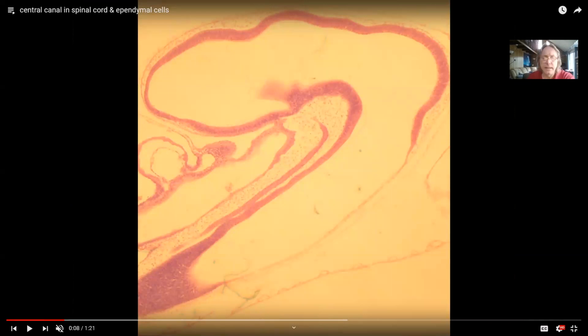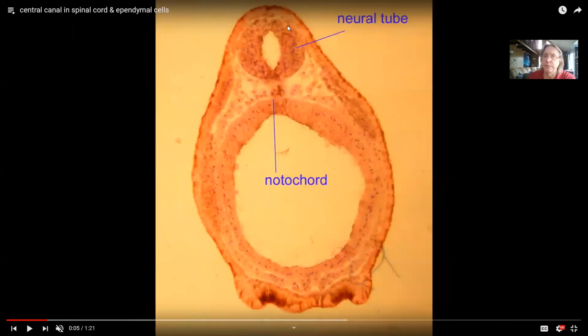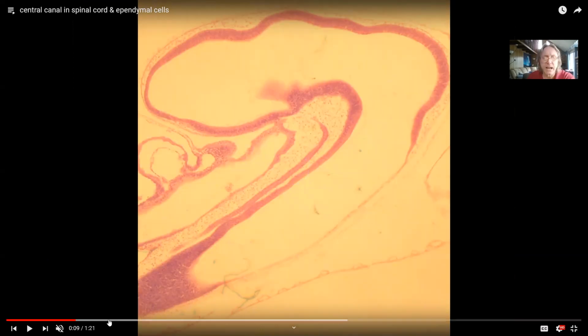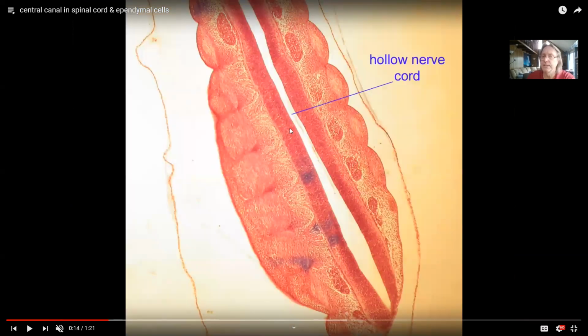If you look at the central nervous system as it forms in embryos, here you can see the spinal cord is hollow. And if you look at the brain of this embryonic pig, notice it is hollow. So we vertebrates, here's the pig spinal cord as an embryo, have a hollow nervous system.